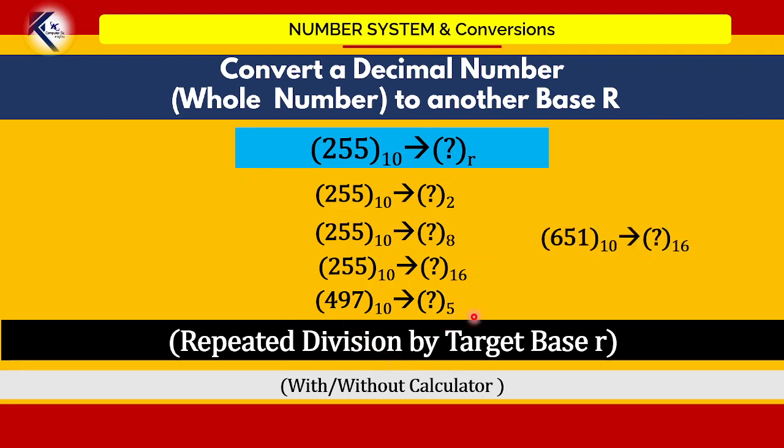So target base is 5. Here we will convert this number 651 into its target base hexa, that is 16, but we will use the calculator for this example. And then another number 49 will be converted into target, that is octal, and our target number base will be 8. But we will perform this calculation using both the calculator and without calculator.